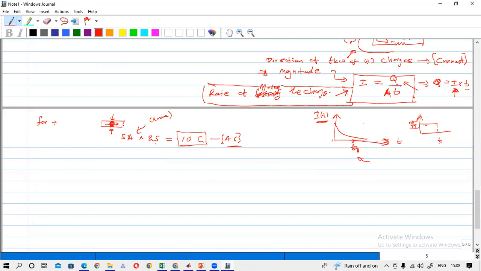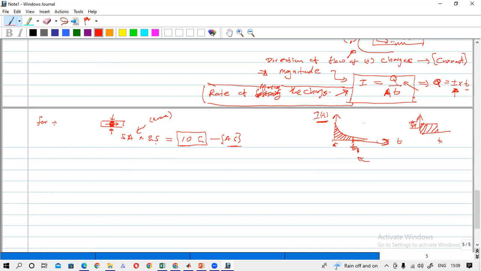That means in other words you are finding the area of this section. So here also, to find the coulombs you have to find the area of this section. To find the area of this section, what do we have to do? We have to integrate this I dt from here to here, no? To find the Q, we have to integrate this I dt from here to here.